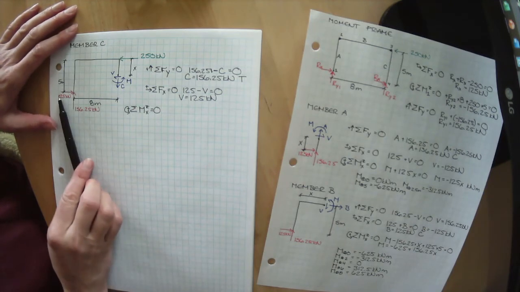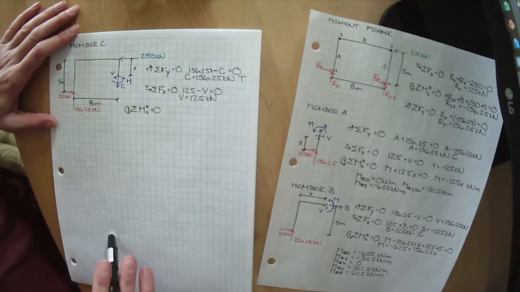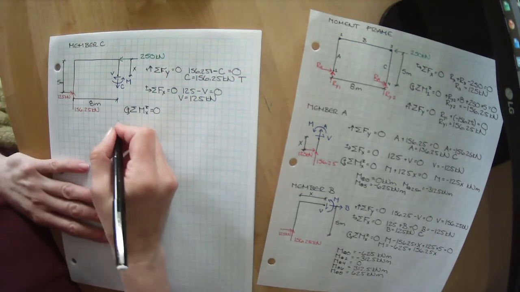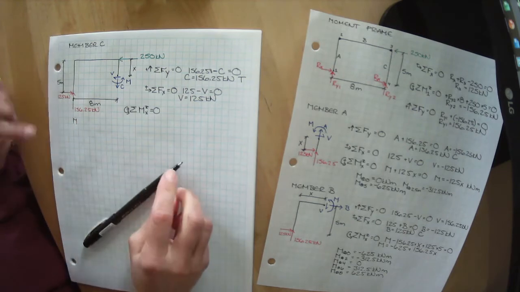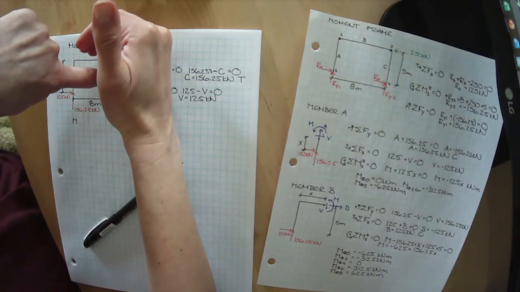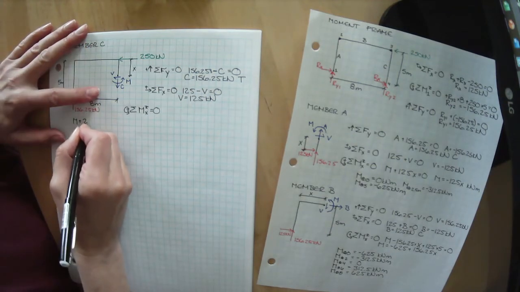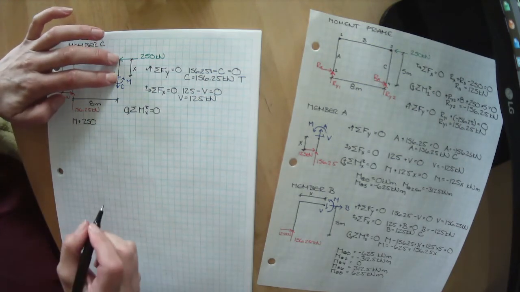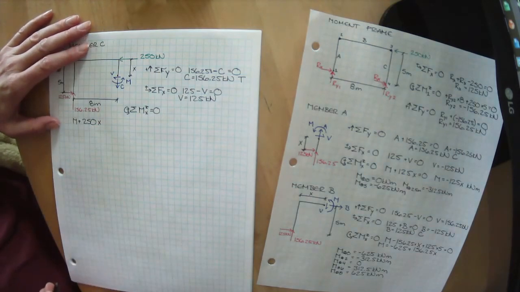156.25 reaction, 125 kilonewton reaction, and our applied load of 250 kilonewtons. Our moment causes it to spin in that direction, so M is positive. Putting our thumbtack here, our 250 kilonewtons causes it to spin in that direction, which is positive, so plus 250 kilonewtons, and it is x distance away, so times x.